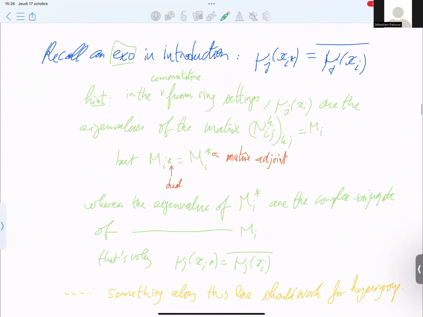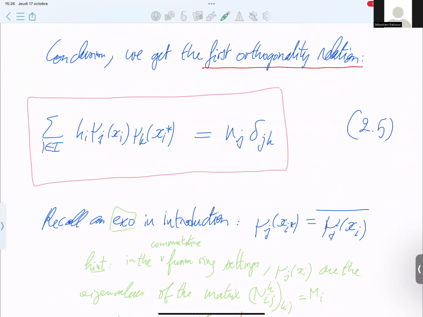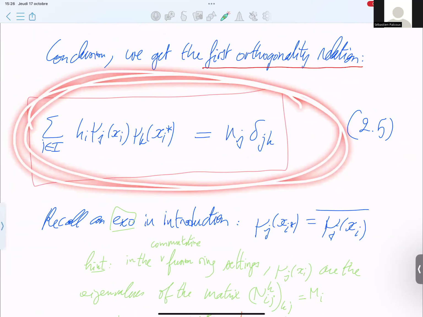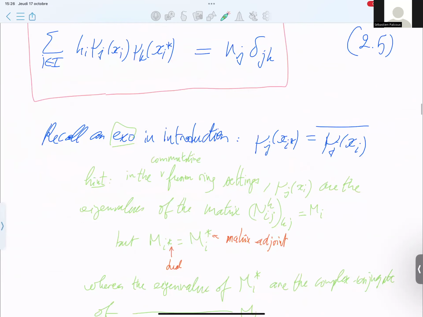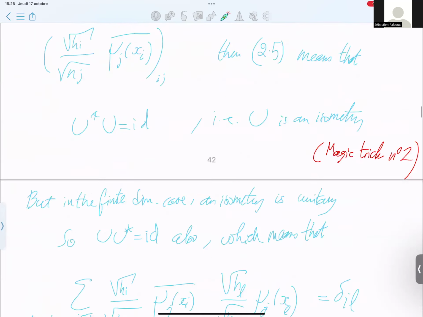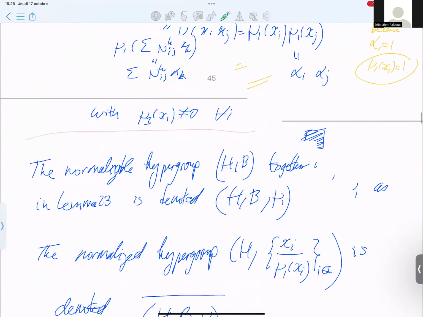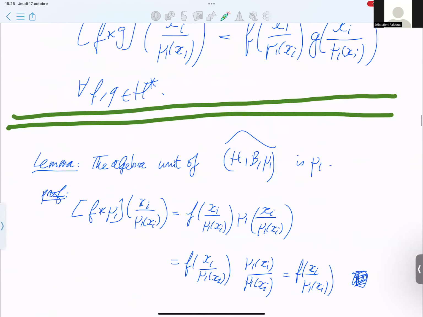So you have a kind of orthogonality, like an inner product, and you get some orthogonality relation. I should not do that, because now I forgot where I was. Here.